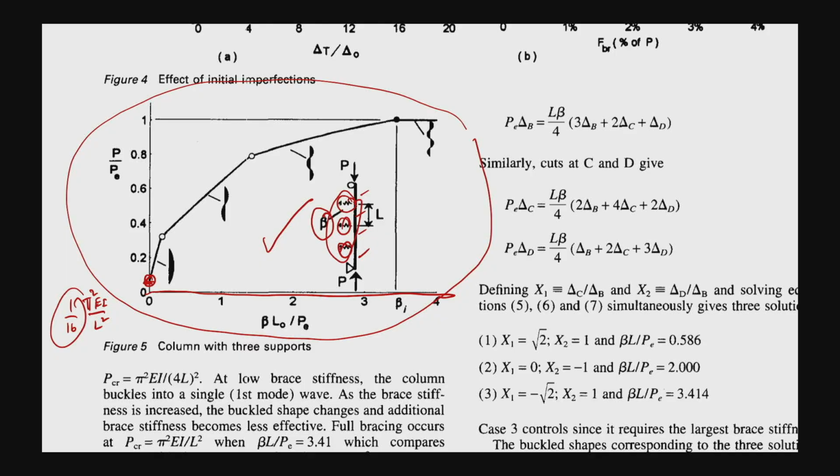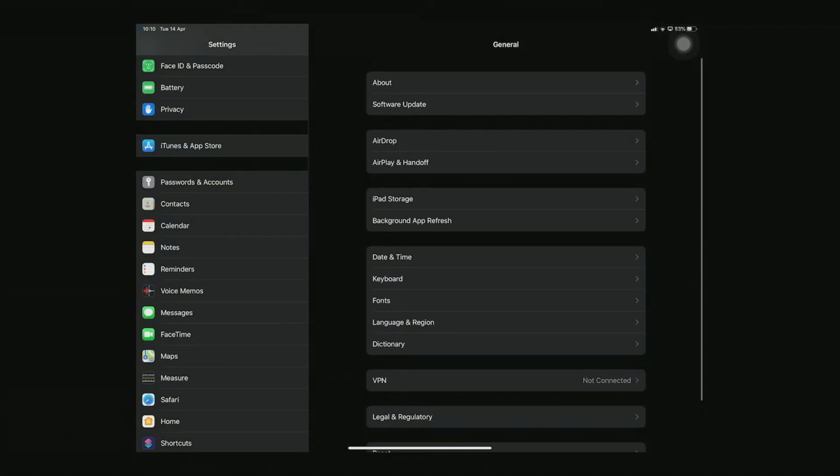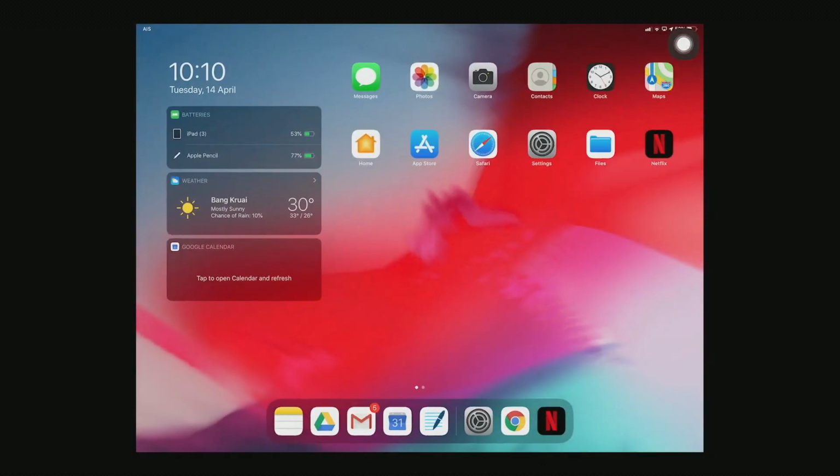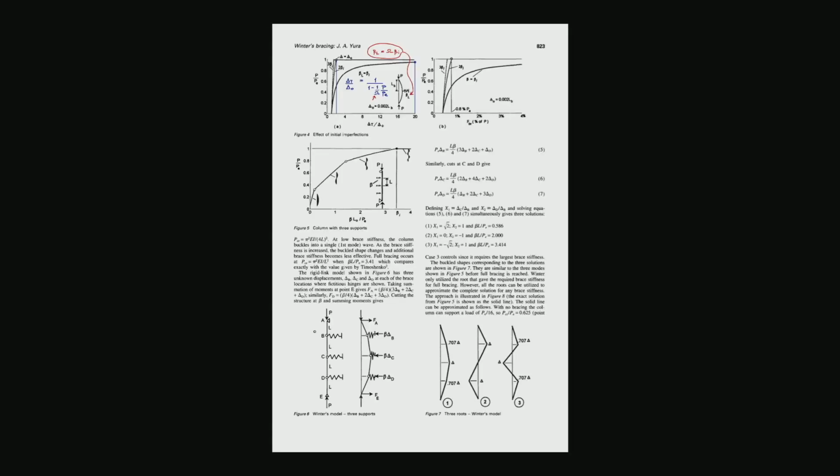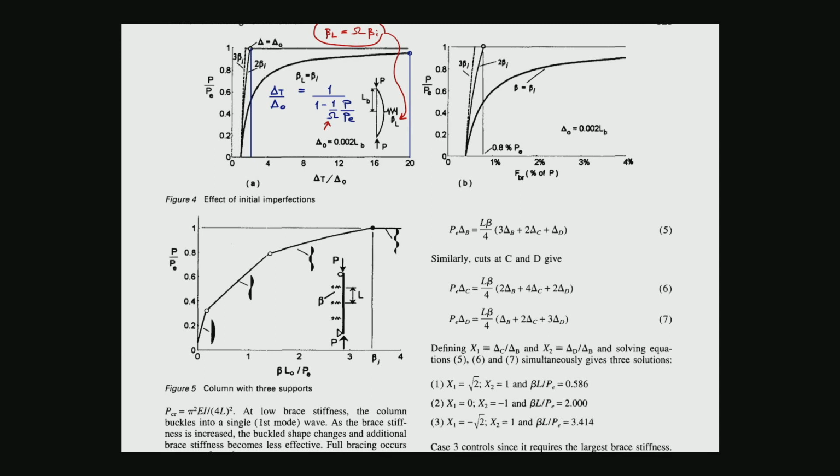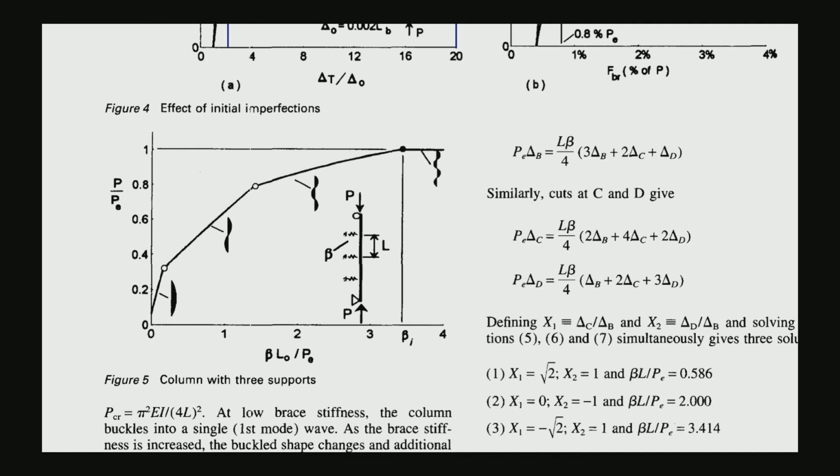So 1 over 16 is some... Oops! Come on! What is this? Oh, it's all gone. Why is it so easy to just switch to that setting? So 1 over 16. Let me get the calculator and hit it. 1 divided by 16 is 0.025.